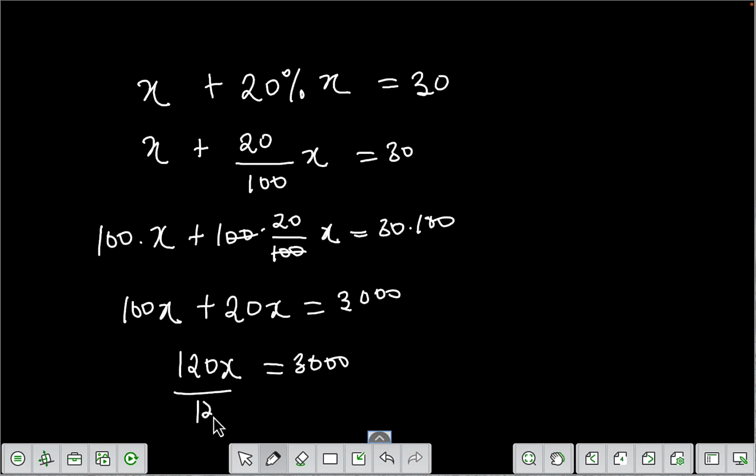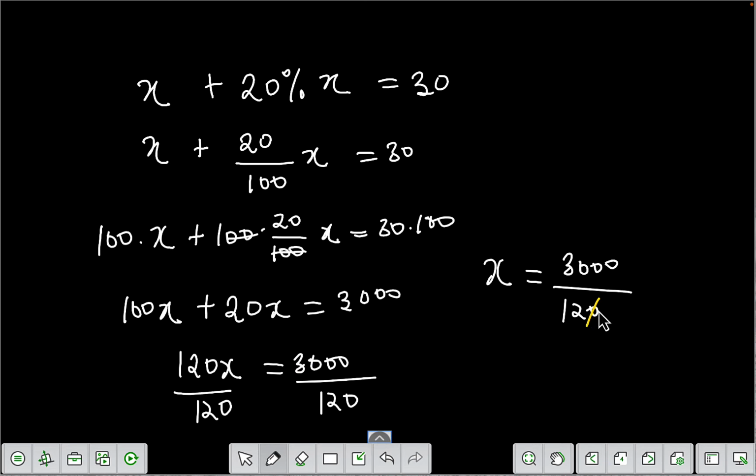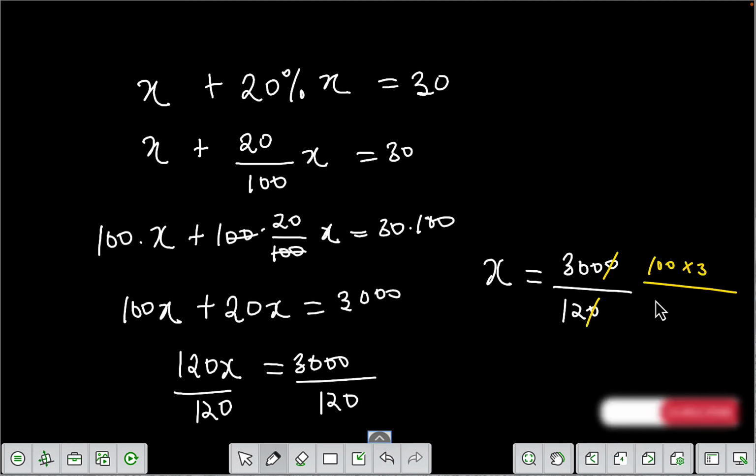So let's divide both sides by 120. So x will be equal to 3,000 divided by 120. Let's see how we can simplify this. 0 cancels 0. Now we have 300 over 12, right? So you know that 300 can be expressed as 100 times 3, right? 12 can also be expressed as 4 times 3.